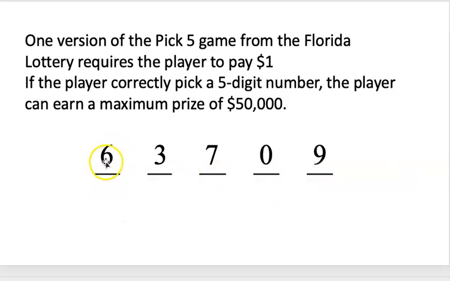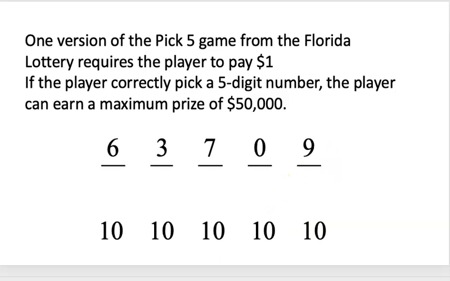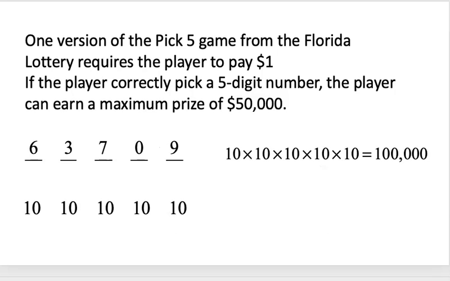Well, for the first digit, it could have been a 1, a 2, a 3, a 4, a 5, a 6, which you're saying is correct, a 7, an 8, a 9, or a 0. So you had 10 choices for the first digit, 10 choices for the second, 10 for the third, 10 for the fourth, and 10 for the fifth. Each one of those digits had 10 possible choices. So how many total choices did you have? 10 times 10 times 10 times 10 times 10, which is 100,000.